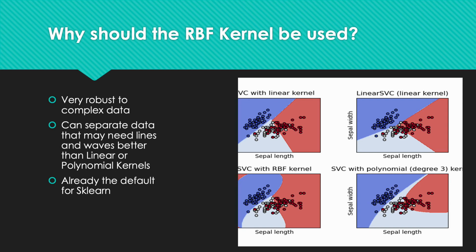However, even though RBF is not as fast as linear or polynomial kernels on simple data, it is more robust to complex data. This means that data that can only be separated in n dimensions with complex curves and waves will see a classification improvement when using the RBF kernel. And let's not forget why it's the default kernel used by sklearn. The RBF kernel will still make great classifications on simple datasets.